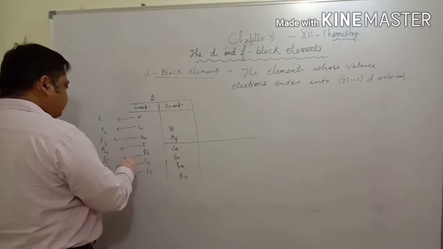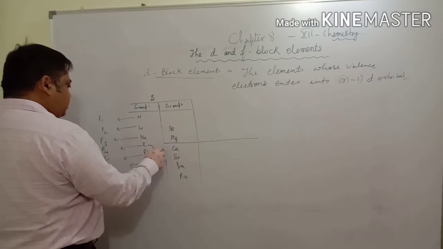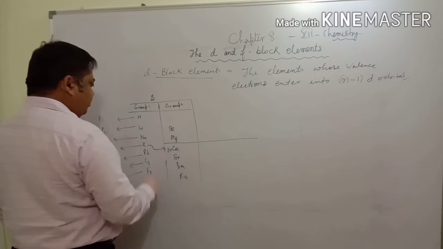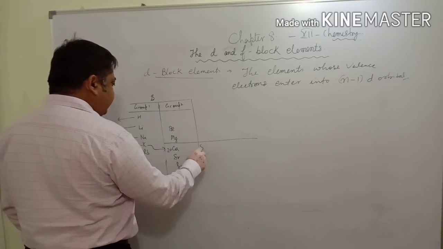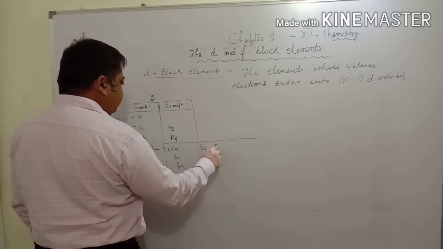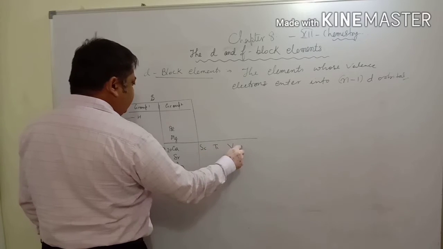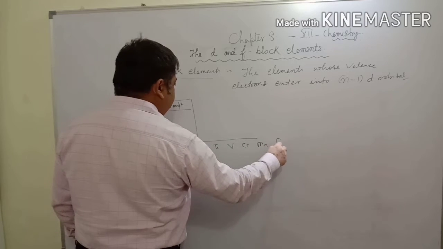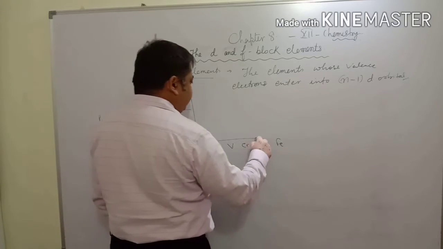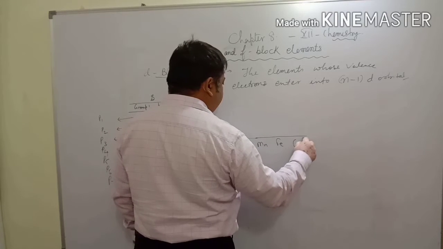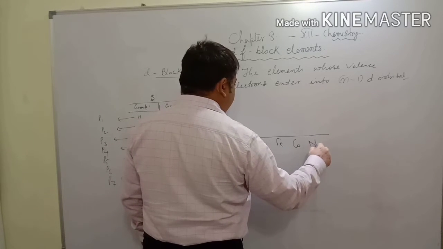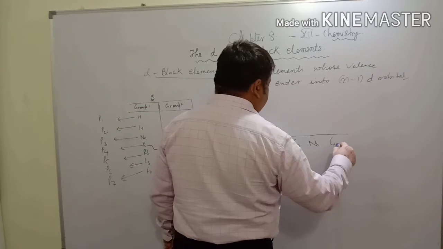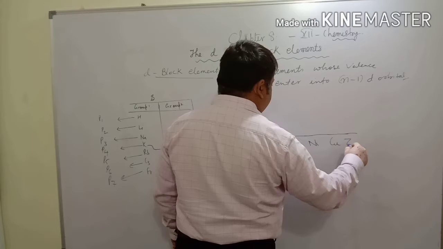From period 4 onwards, after atomic number 20, the next element is scandium. Sc, Ti, V, Cr, Mn, iron, cobalt, nickel, copper, and zinc.